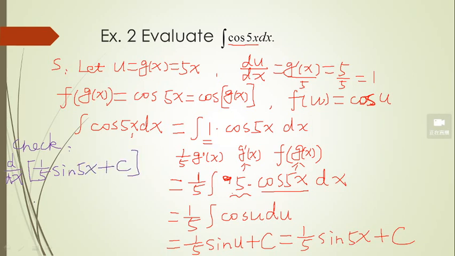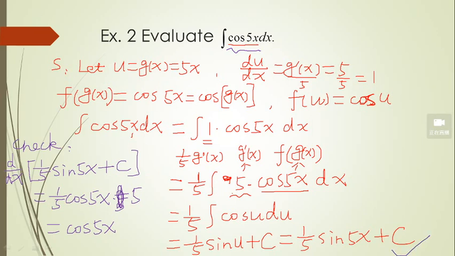That will be 1/5, the derivative of sin(u) is cos(u), and then du/dx, which is 5. The derivative of a constant gives 0. So that should be cos(5x), which is the same as the integrand here. So our final answer is correct.